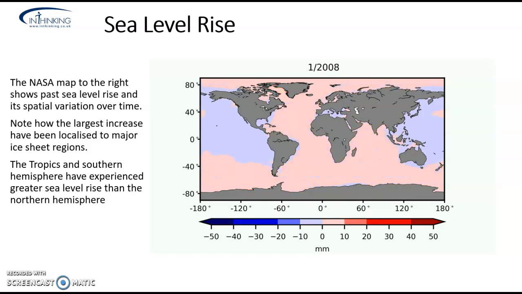So this shows past sea level rise and its spatial variation over the time period. A couple of things to note. The largest increases have been localized to major ice sheet regions. The tropics and the southern hemisphere have experienced greater sea level rise than the northern hemisphere.